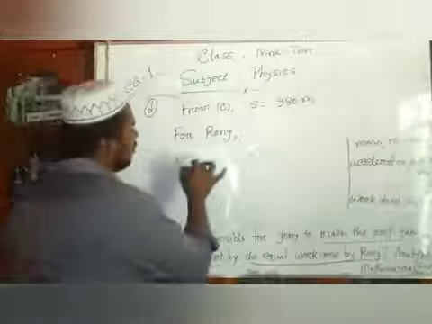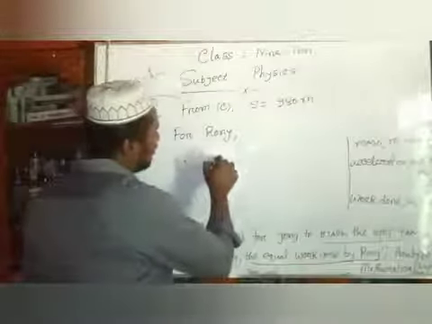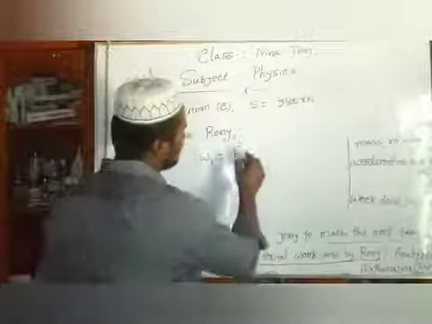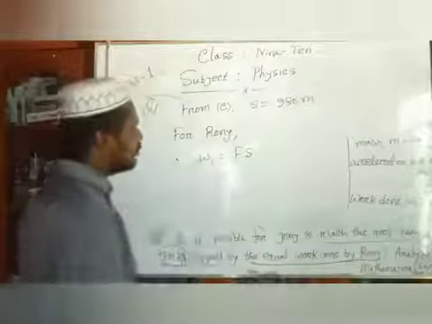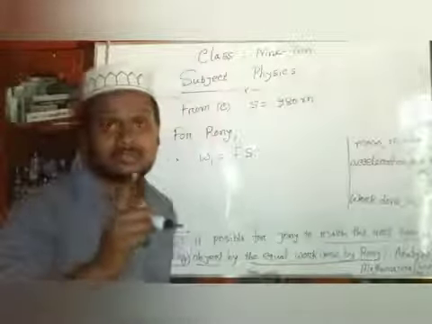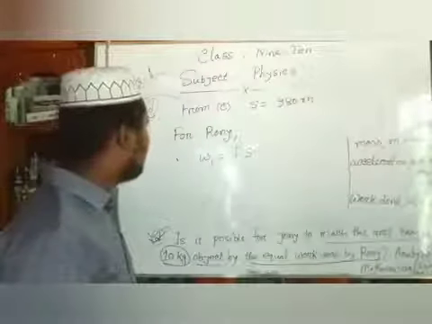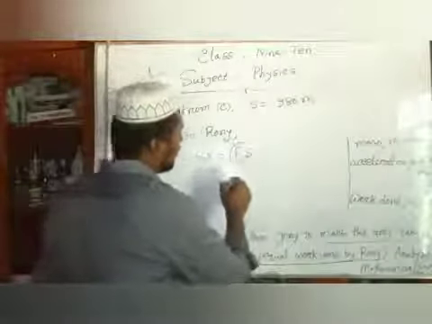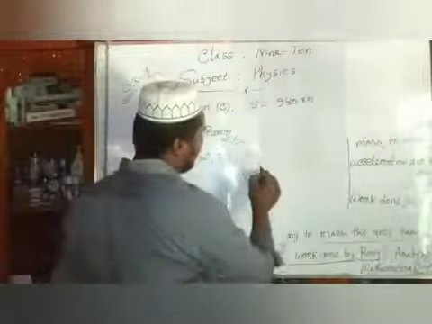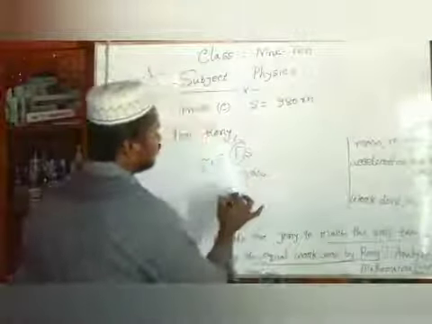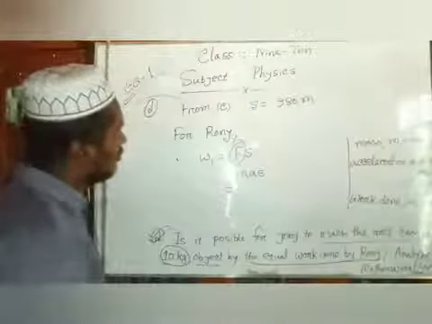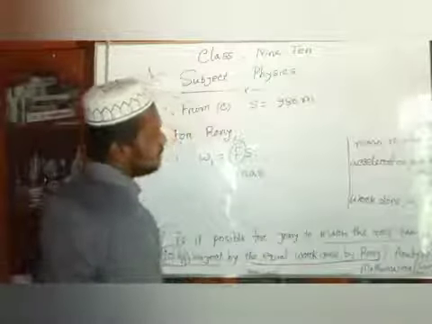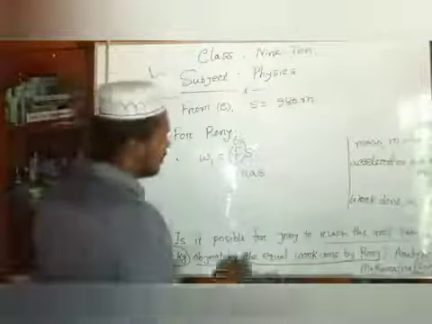So work done W1 equals F S. You know the formula for F, we used this formula in chapter 3. We know that F equals M A and S. We substitute the values of mass, acceleration and displacement.